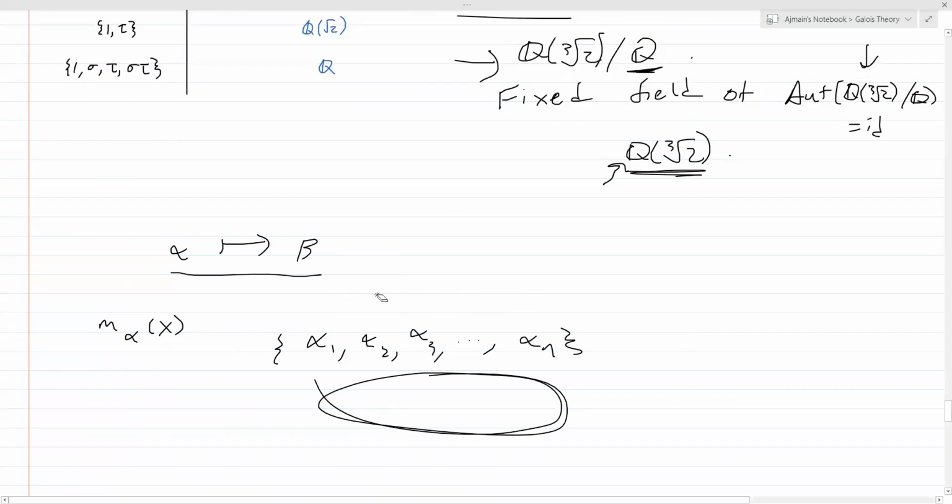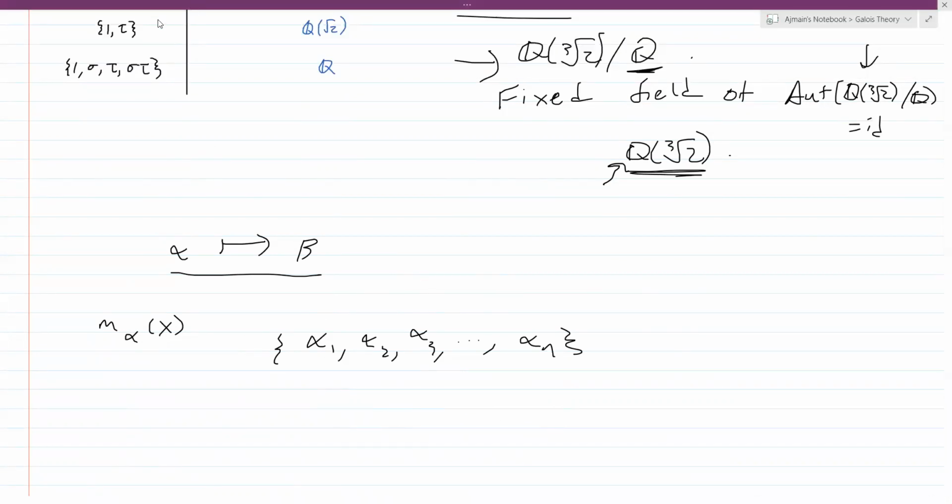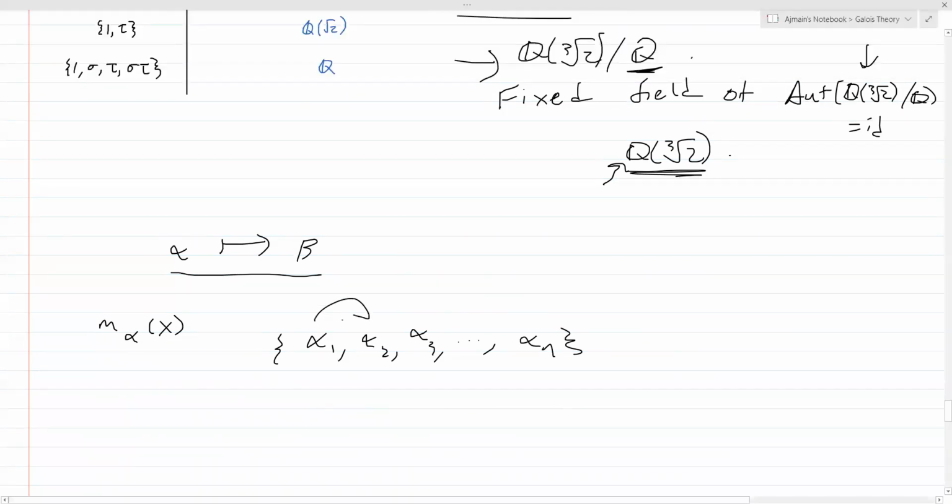In one case, you get the existence of n different automorphisms. You get alpha gets sent to alpha 2, alpha gets sent to alpha 3. And these are all distinct automorphisms because you're sending alpha to different things. But that's only n distinct automorphisms. That's not n factorial automorphisms. Because when you're taking alpha 1 to alpha 3, that's forcing alpha 2 to go somewhere else.